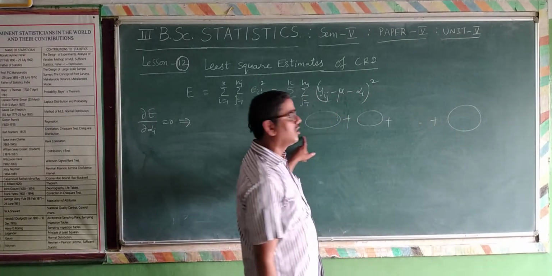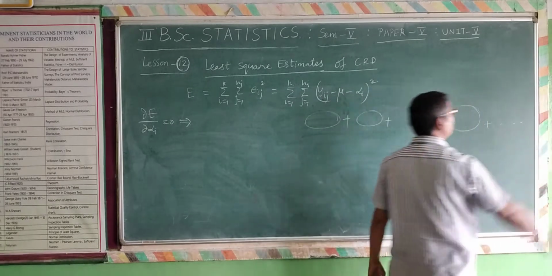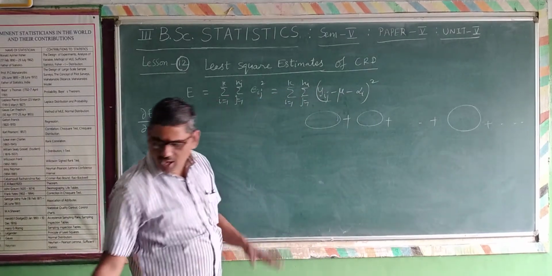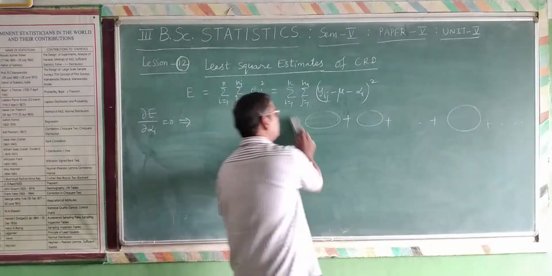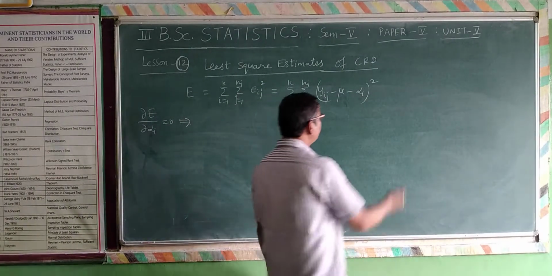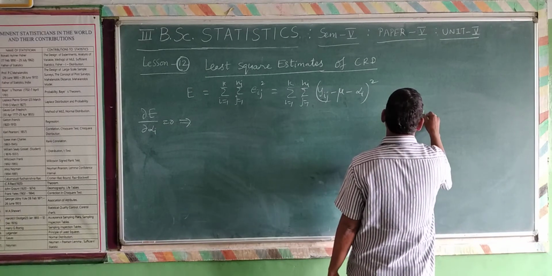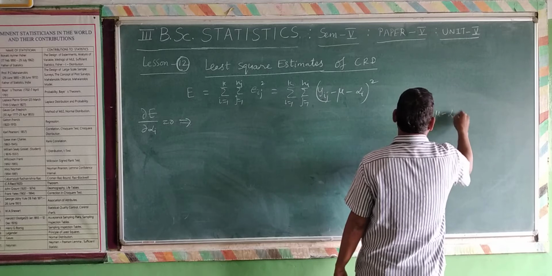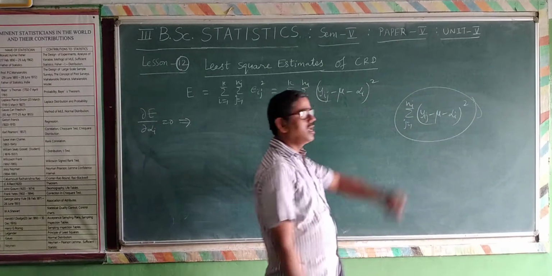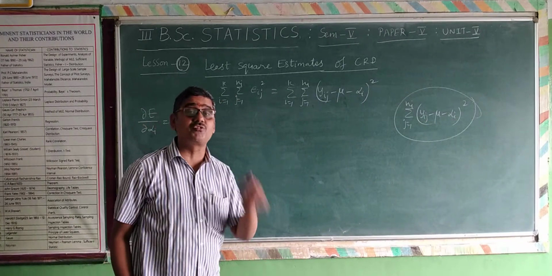All the other terms, the differentiation becomes 0. Similarly, plus and so on, the kth term, right? So only the ith term is what we are differentiating. That is, we are differentiating summation j equals 1 to n_i, y_ij minus mu minus alpha_i, the whole square, in which this is only the ith term. We have substituted i equals i. The remaining terms' differentiation becomes 0.